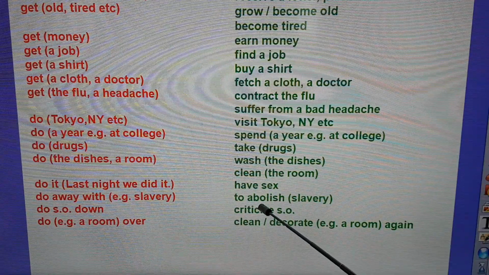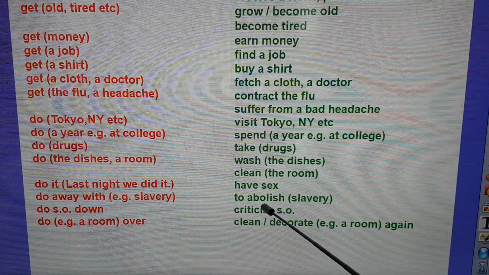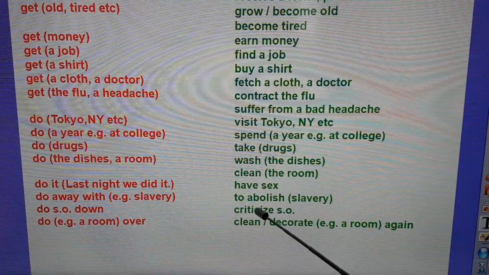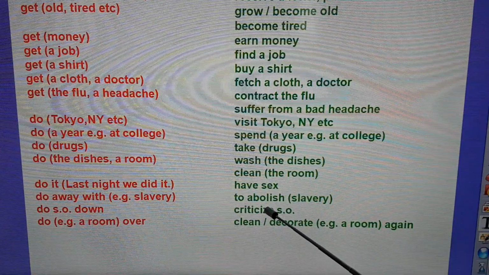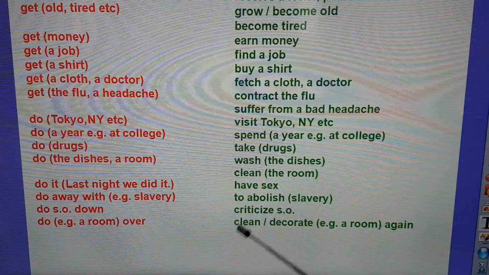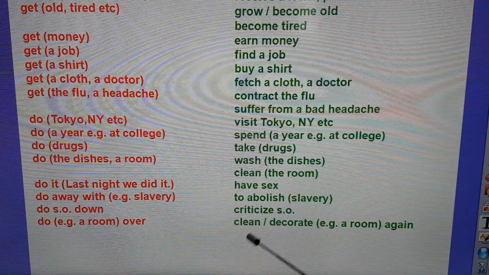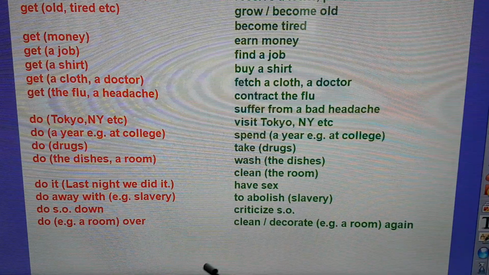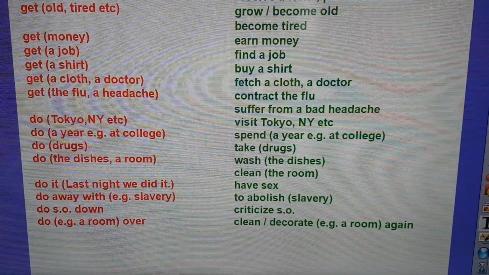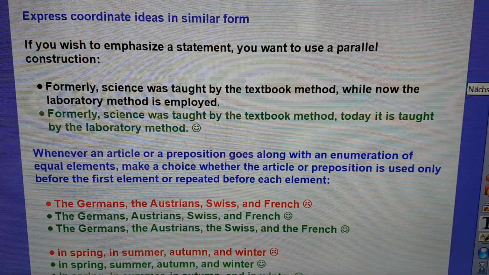Great verb. Oh my God, now I'm beginning to talk like Donald Trump. Great. Yeah, fine verb. Very fine verb. To do someone down, to criticize someone, or to do a room over, to clean or decorate a room again.